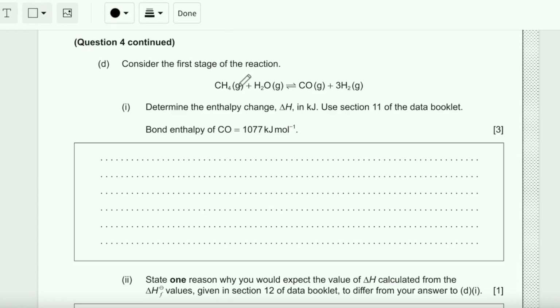Consider the first stage of the reaction. Determine the enthalpy change delta H in kilojoule. Use section 11 of the data booklet. Bond enthalpy of C≡O is 1077 kilojoule per mole.